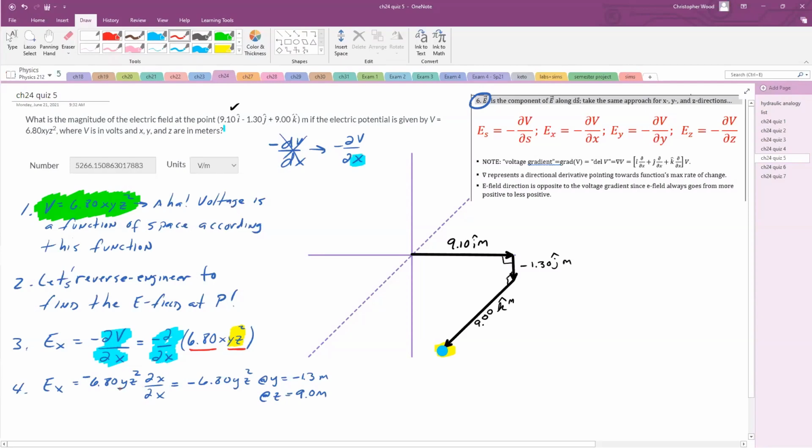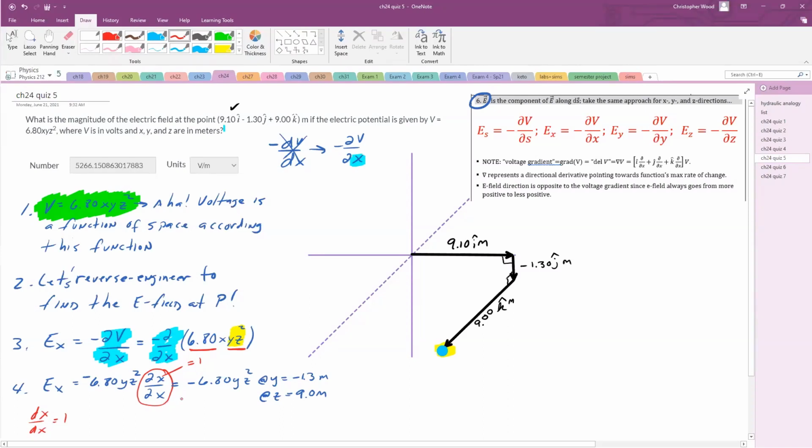Negative 6.8 is a constant, y is a constant, z squared is a constant. So I'm left with partial of x with respect to x, which equals 1. It's like saying, what is dx over dx? It's just the numerator equals the denominator. So that's how I ended up with my expression in step 4.